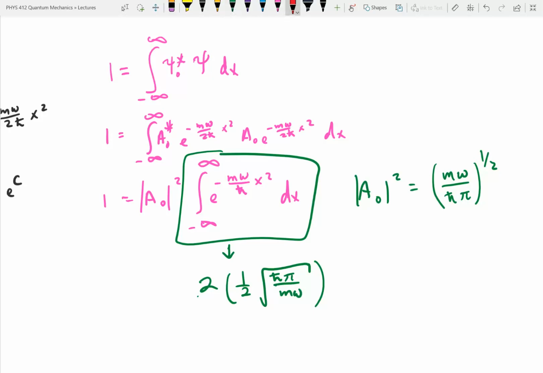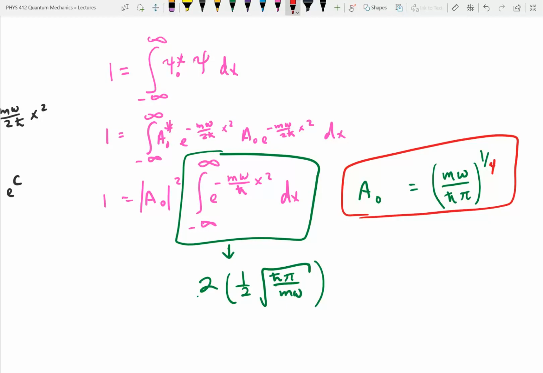So without the mod squared, it's going to be to the 1/4. And so there's my A0. So now we have ourselves a normalized wave function. We did have to do some calculus in the end, but we got there by using the ladder operators.